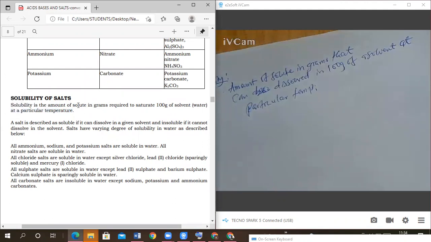We looked at an example of sugar and water. Sugar is our solute, and the solvent is water. The amount in grams of sugar required to saturate 100 grams of water at a particular temperature is the solubility of sugar at that temperature.